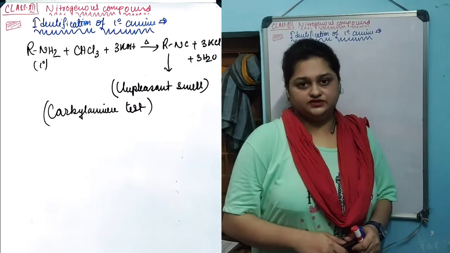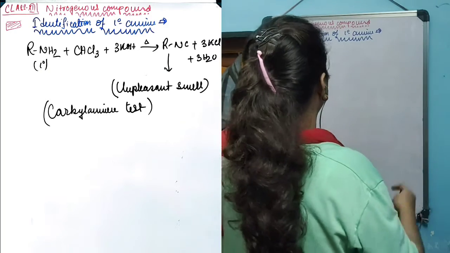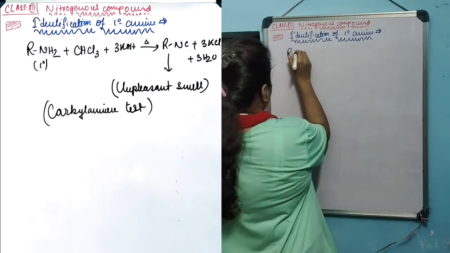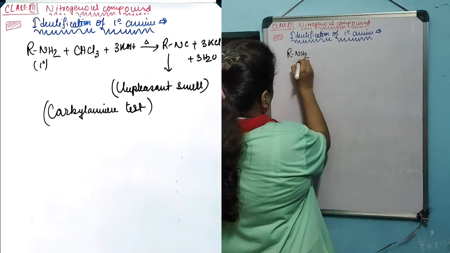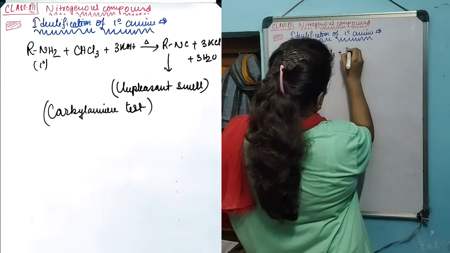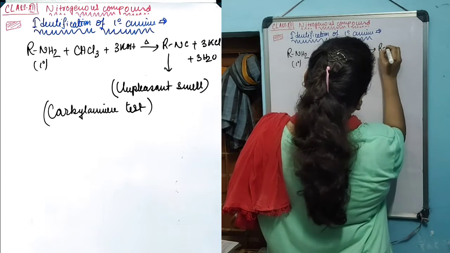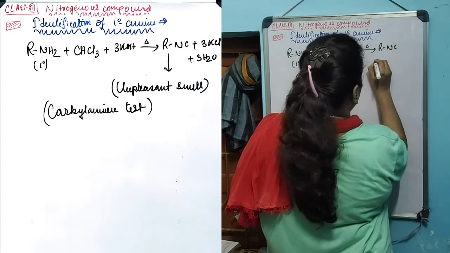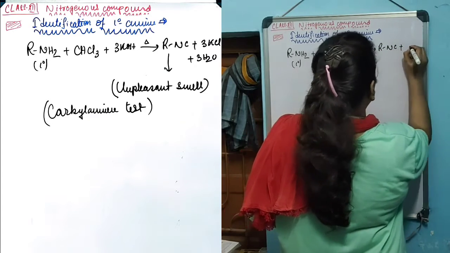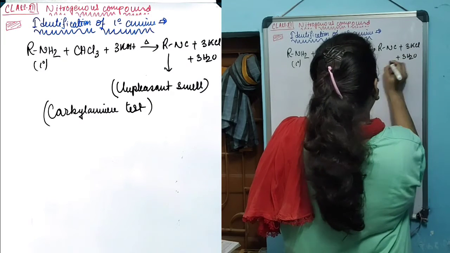The carbylamine test is used for the identification of primary amine. When a primary amine, RNH2, is treated with CHCl3 in KOH medium, it produces RNC, alkyl isocyanide, 3KCl and 3H2O.